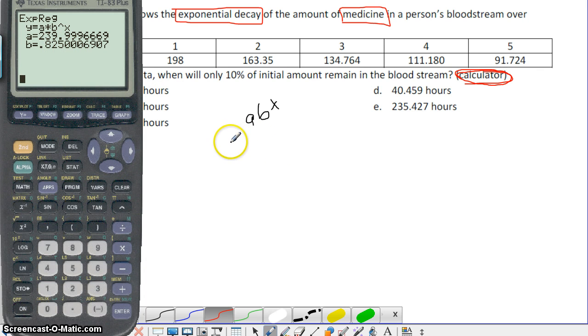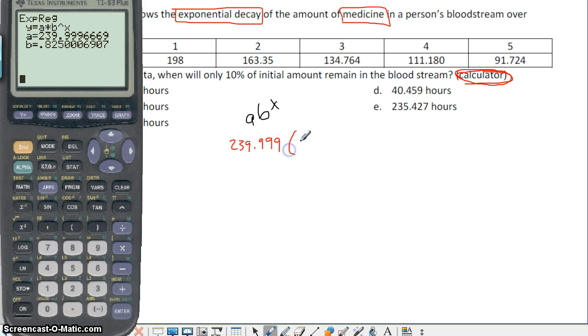So it's going to look something like 239.999 times 0.825 to the x. And since it's all stored in my y equals, I'm not going to have to worry about rounding or anything like that.